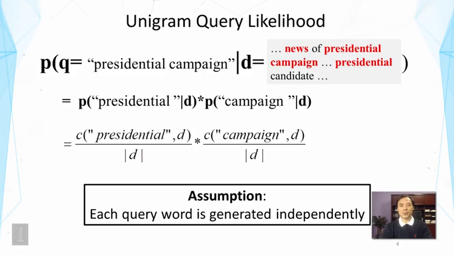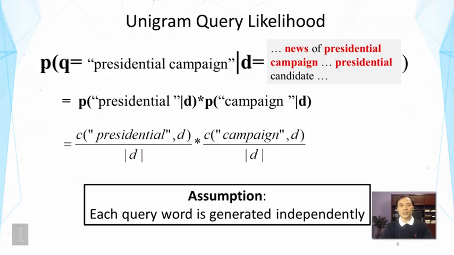Now, how do we compute the probability of each query word? Well, based on the assumption that a word is picked from the document that the user has in mind, then we know the probability of each word is just the relative frequency of the word in the document. So for example, the probability of presidential given the document would be just the count of presidential in the document divided by the total number of words in the document or document length.